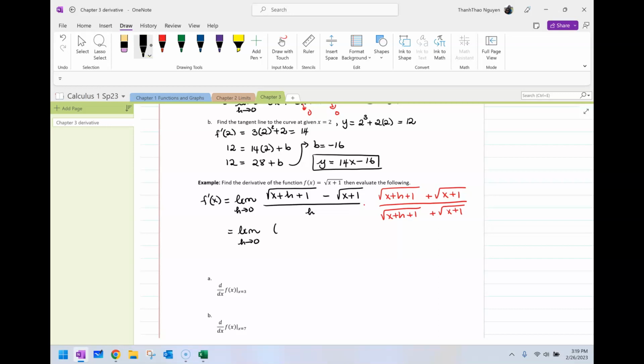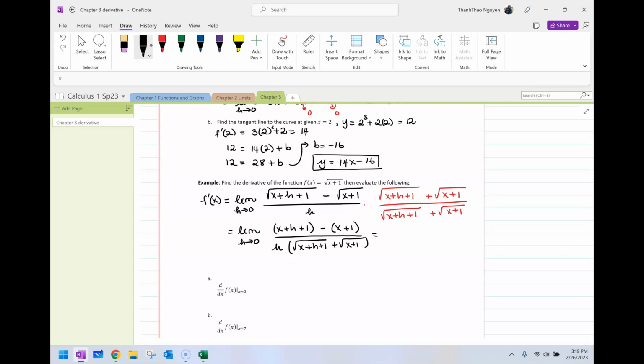The numerator becomes x plus h plus 1 minus x plus 1. The denominator is h times square root of x plus h plus 1 plus square root of x plus 1.